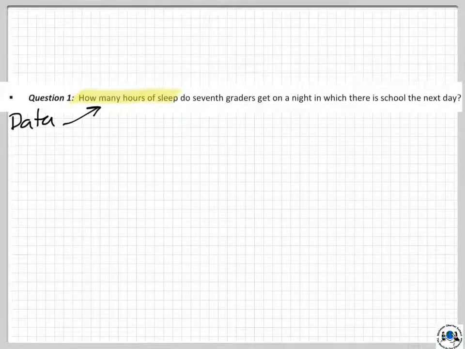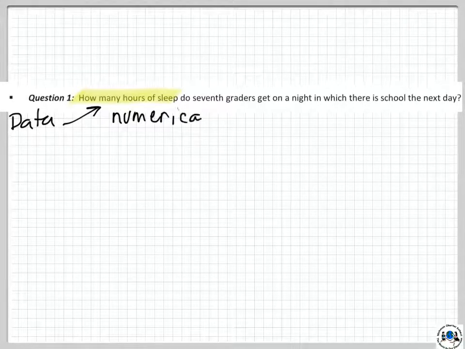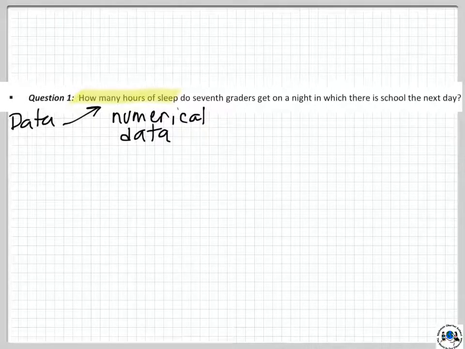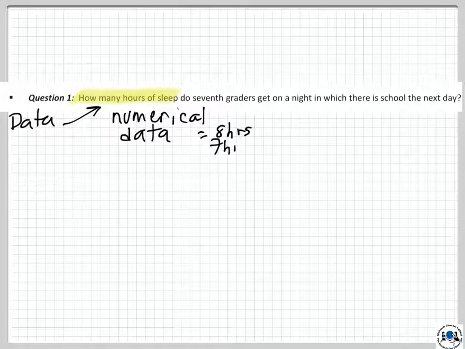Now, in terms of what we're going to do with that data, this would be numerical data, because there's going to be a number attached to it. For example, how many hours of sleep? 8 hours, 7 hours, and on and on.